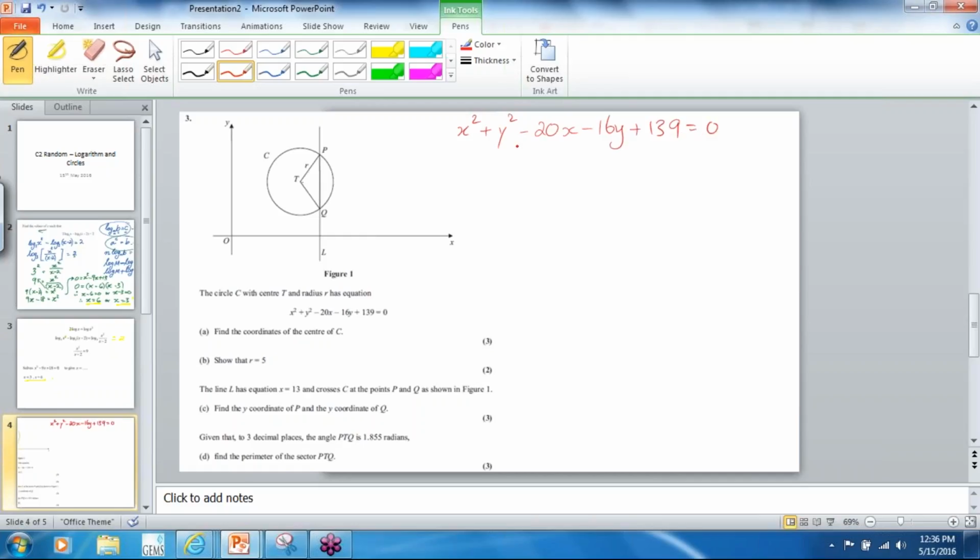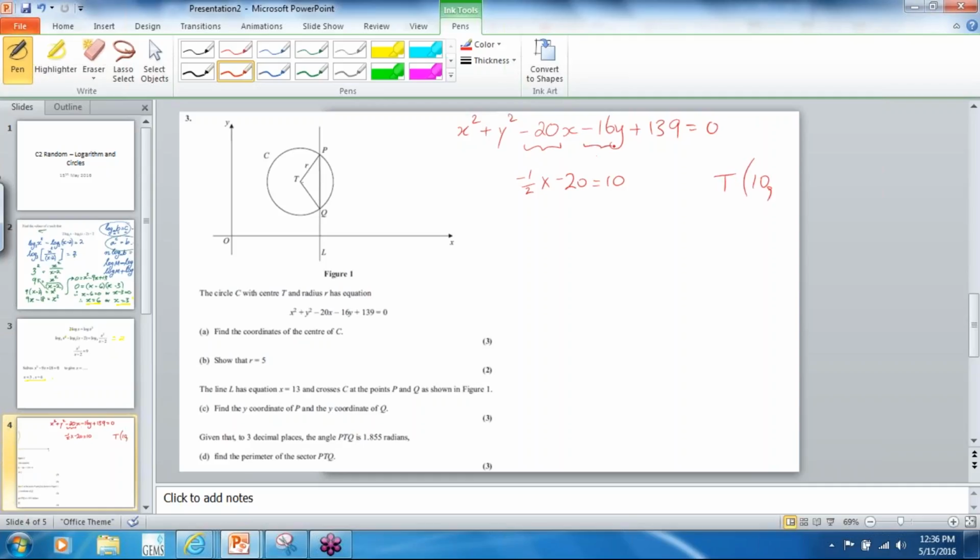We could complete the square, but I just like saying, all right, the x center point is negative half of that, and negative half of negative 20 is 10. So the x coordinate of T is 10.